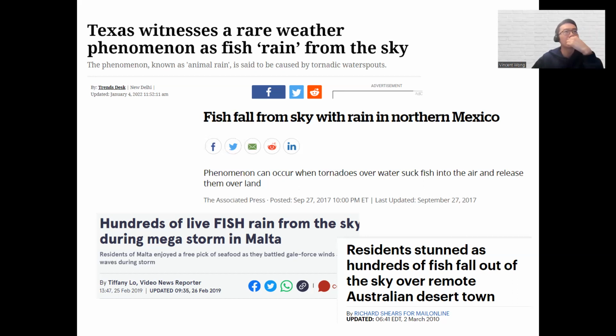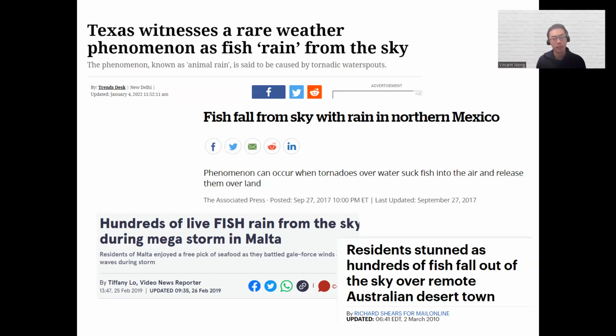Zoom user, you wanted to say something? I don't know what your name is. Sorry, I just have to read it. Alex, go ahead. The tornadoes that bring the fish over. Yeah, exactly, right. So there are these tornadoes that swept through, they're actually called waterspouts, right? They sweep through maybe the ocean or the river, and then they scoop up all these fish and sometimes frogs and stuff like that, and then they send them flying inland, right?